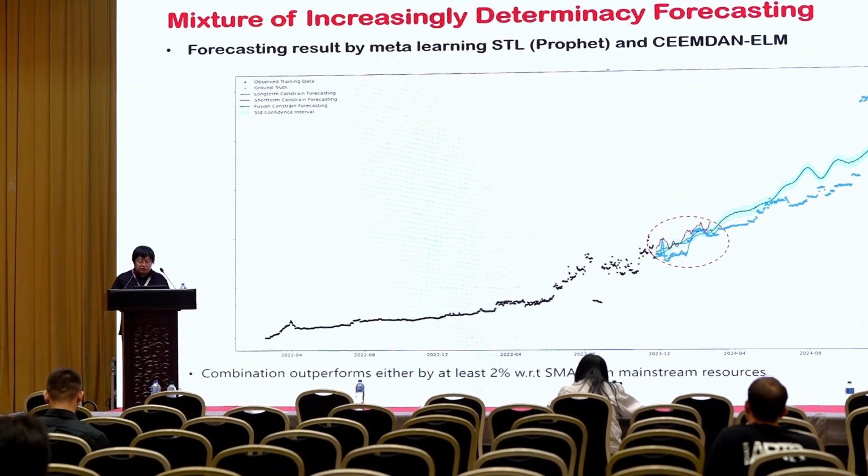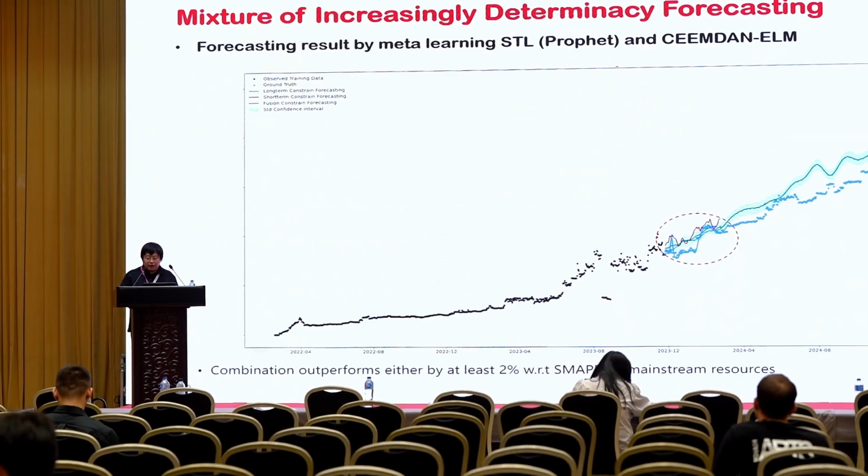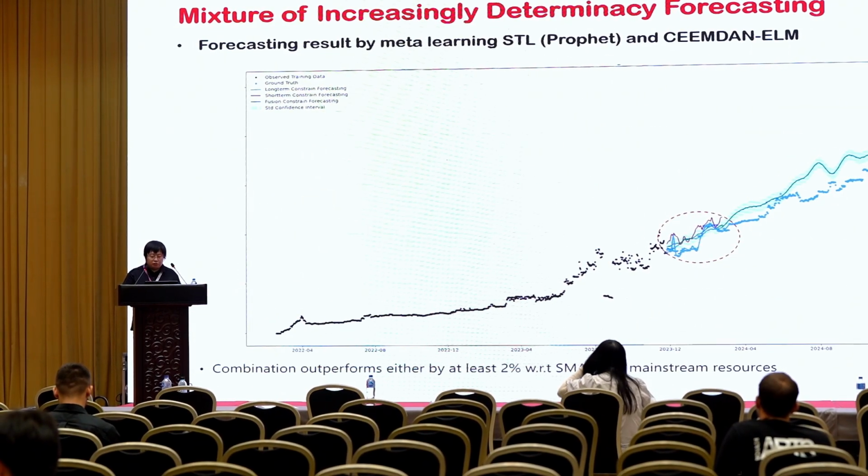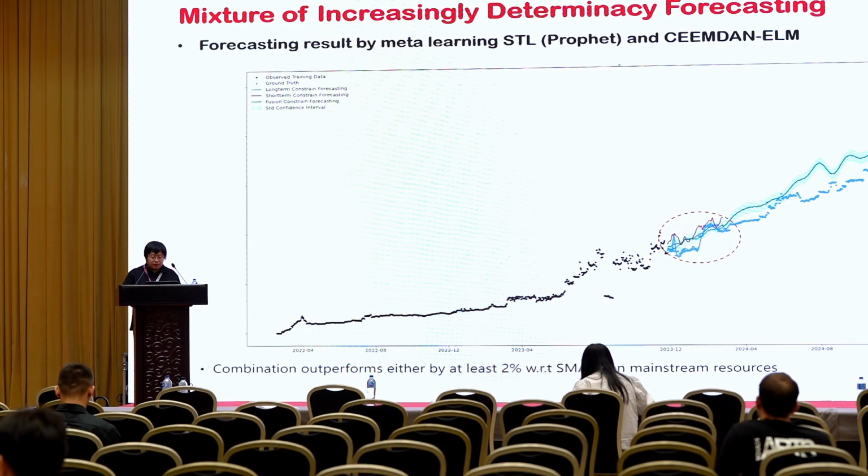This demonstrates the practical performance of our hybrid framework combining Prophet for macroscopic forecasting and Kiden ELM for micro refinement. While the Prophet output blue trend line captures the overall trajectory, it fails to reconstruct the high amplitude fluctuations indicated within the circled regions.